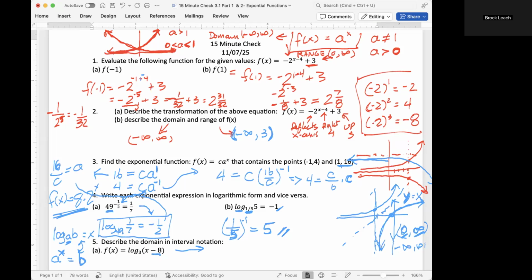That's going to give us a horizontal transformation. Instead of my domain starting at 0, it's now going to start at 8. We're moving everything over 8 units. So my domain here is going to start at 8 and go to positive infinity.